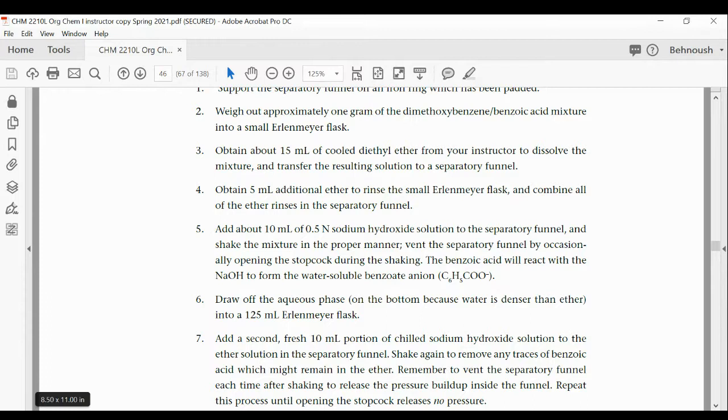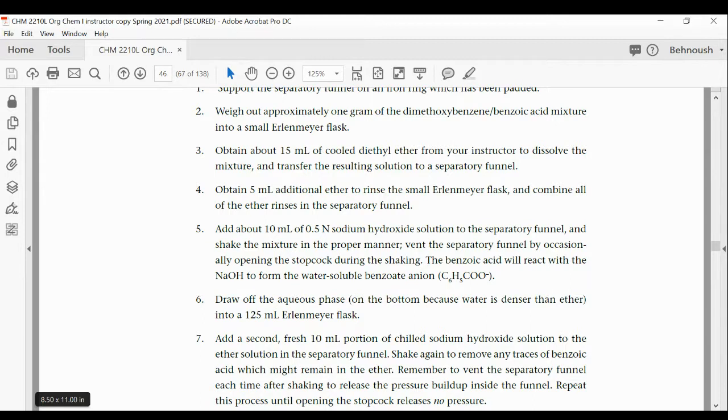Not in this case. Even 50 milliliters could dissolve it, but when you transfer from the flask into the separatory funnel, some of it is going to be left over. So when you are rinsing, it's not that you're washing and discarding it down the drain or in a solid waste container.